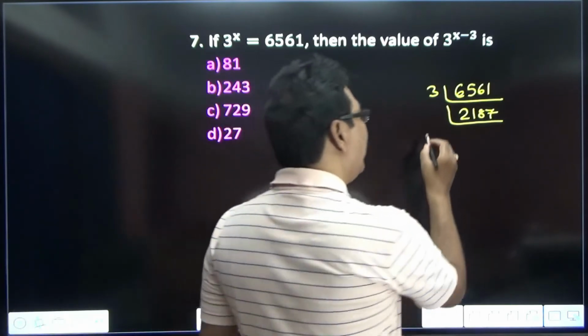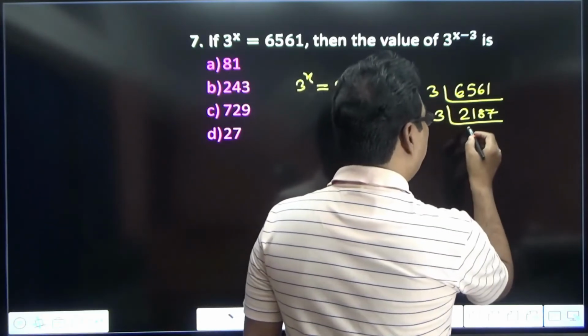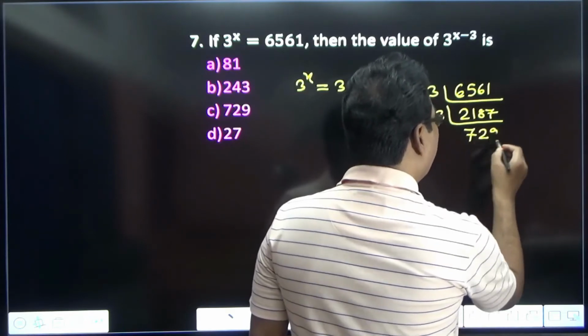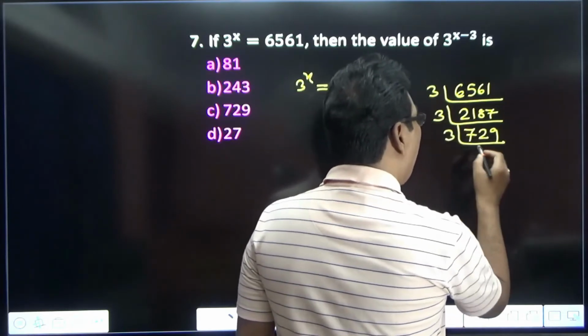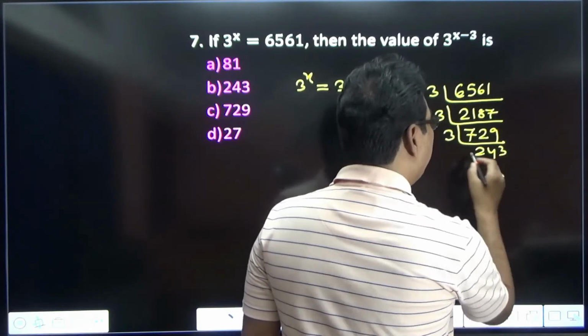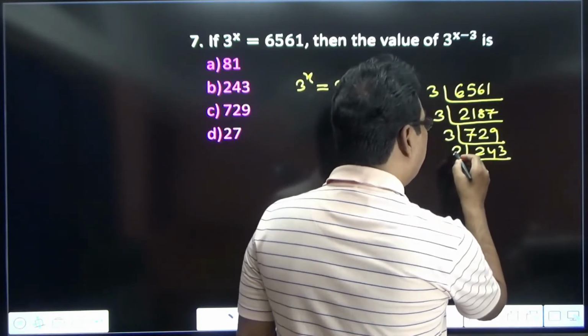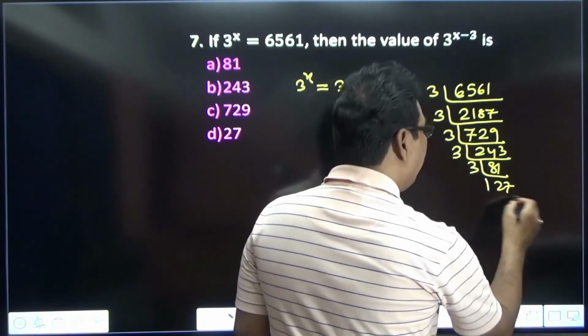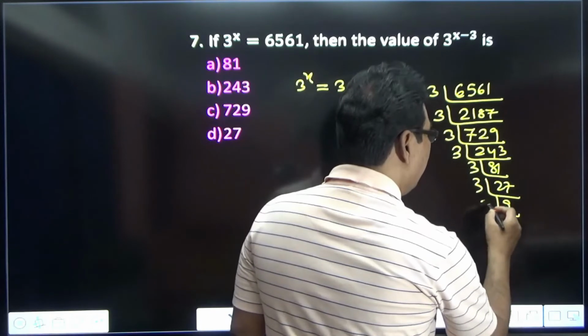Then if I divide it by 3, I get 729. If I divide it by 3, I will get 243. If I divide it by 3, this is 81, then 27, then 9, then 3.